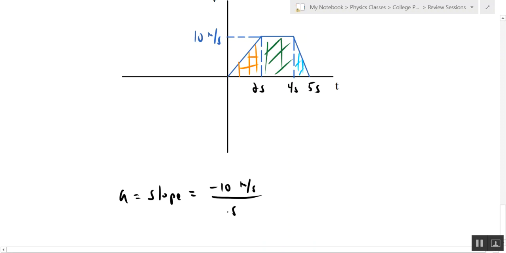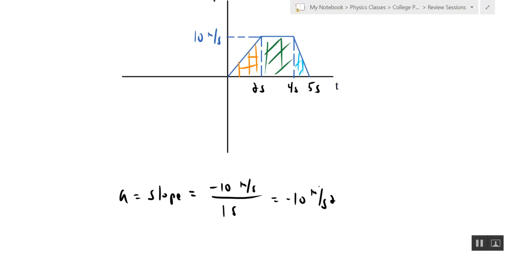So then you divide, all right, so what's the run from 4 to 5? 1. So you get negative 10 meters per second squared, which would kind of be the answer if I was just asking for the acceleration itself. It's 10 meters per second squared in the negative x direction. Right? Everyone sees that it slopes down.